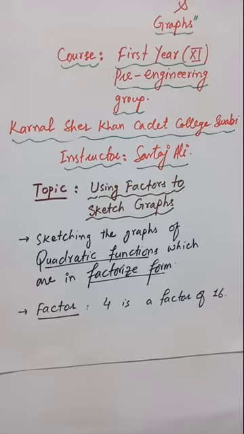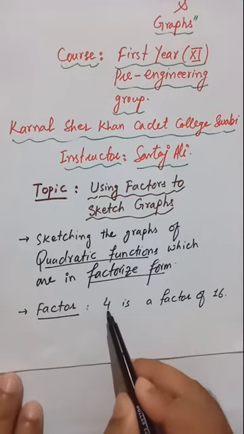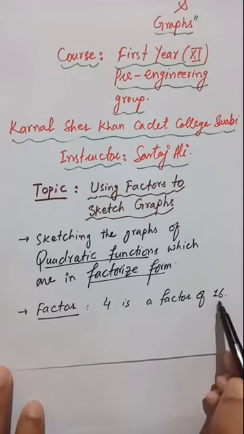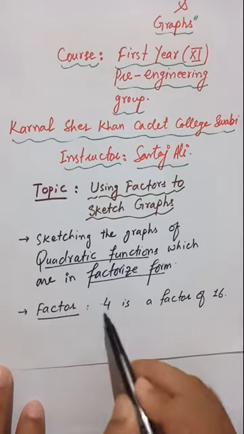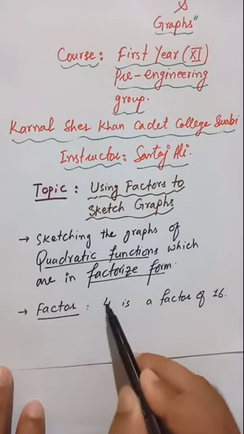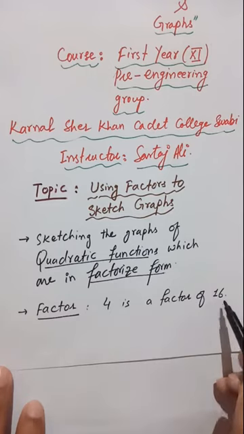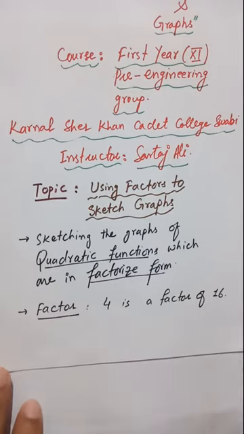It means that 16 is completely divisible by 4. So if a number completely divides another number, which in this case is 4, because this 4 completely divides 16. By completely divide, we mean when the remainder is 0.